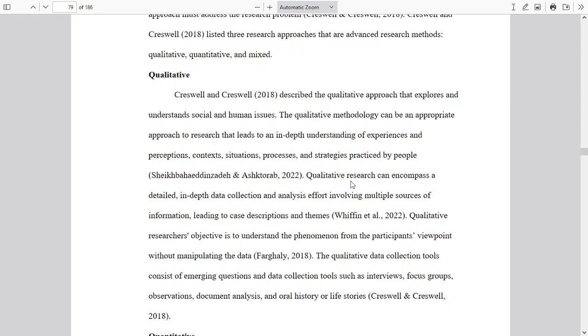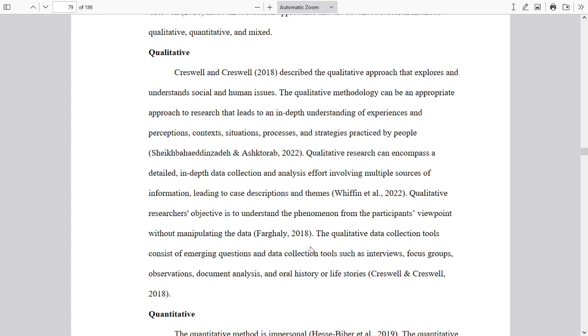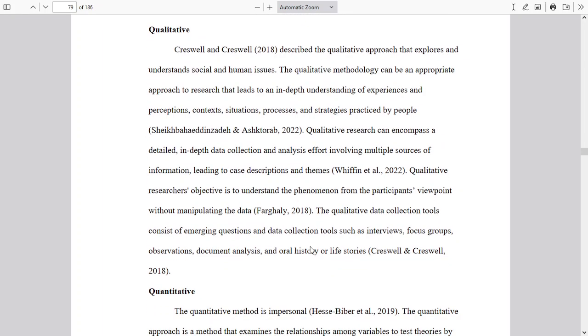Qualitative research can encompass a detailed, in-depth data collection analysis effort involving multiple sources of information, leading to case descriptions and themes. Qualitative researchers' objective is to understand the phenomenon from the participant's viewpoint without manipulating the data. Qualitative data collection tools consist of emerging questions and data collection tools such as interviews, focus groups, observations, document analysis, and oral history or life stories.